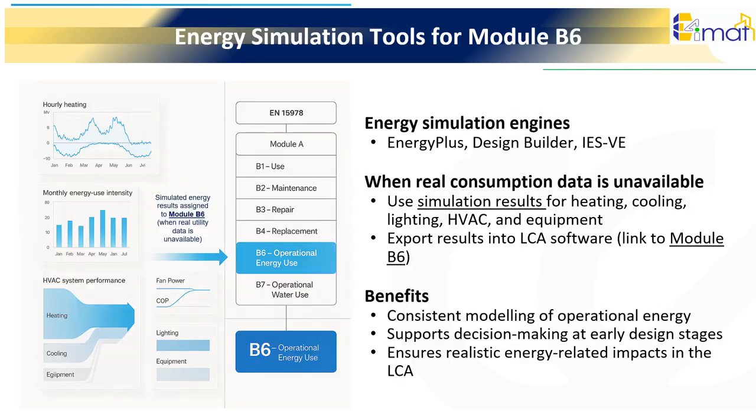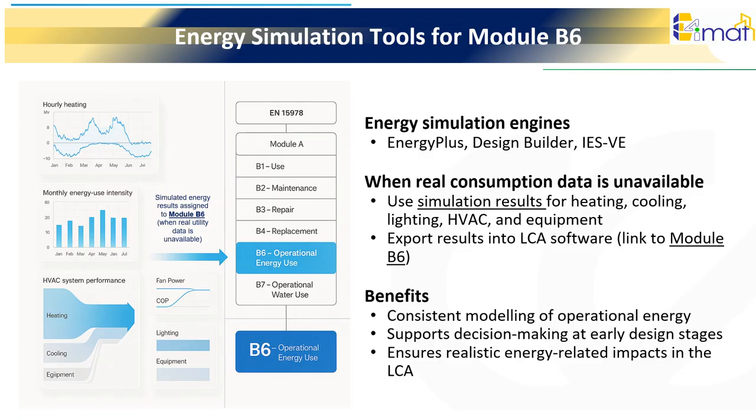Finally, we consider the tools used to model operational energy, which is reported in Module B6 of an LCA. When real utility bill data is unavailable, something very common in early design phases, we rely on energy simulation engines such as EnergyPlus, DesignBuilder, or IESVE. These tools estimate heating, cooling, lighting, and equipment loads using validated building physics models.